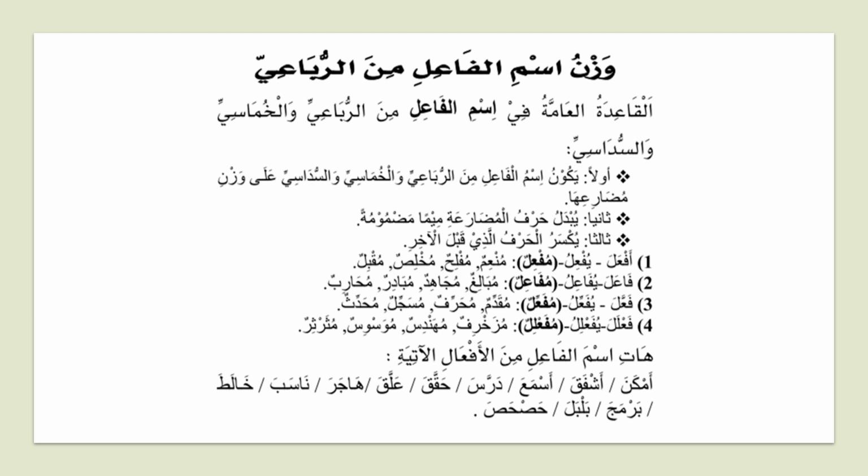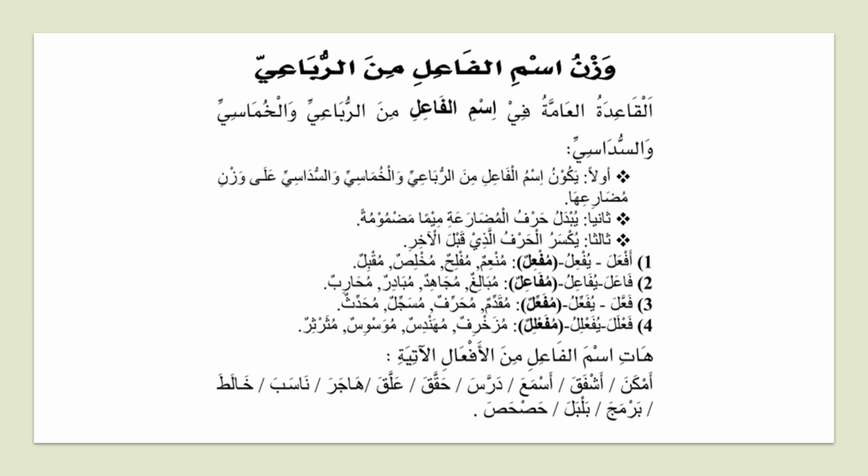The اسم الفاعل, the active participle, the one doing the action, will be on the scale of the ruba'i, the 4-letter, 5-letter or 6-letter scale. Essentially what he's saying is the اسم الفاعل is taken from the مضارع. Is that clear? Then he says ثانيا, second point, يبدل حرف المضارع ميما مضمومة.